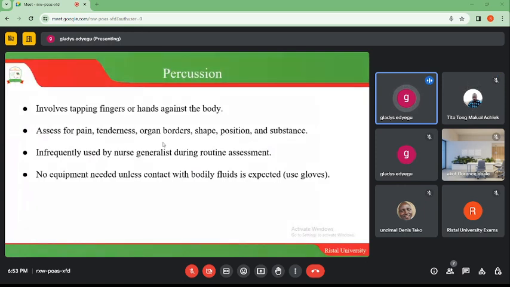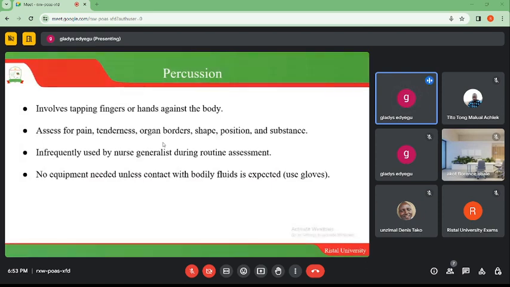So percussion is used by the nurses, but mostly the doctors use it in the assessment. Nurses rarely use it, but doctors frequently use it in the assessment. So no equipment. When you're percussing, you don't need any equipment. You only use your hands, your fingers, and that is all.